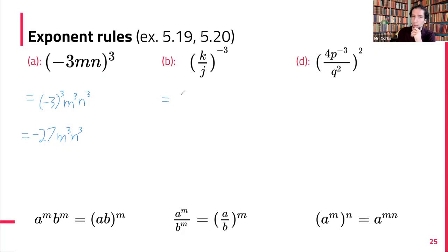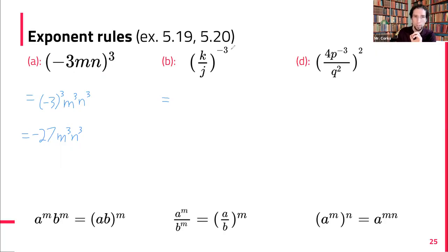Okay, so -3 goes to both k and j. Yes, but there's an easier way of thinking about it. Just flip it, right? Let's do the negative exponent first, then we'll do the 3.